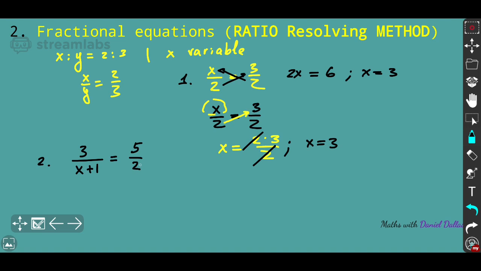How to resolve that? Again, you need to define where your variable is, and your variable is within the expression x plus 1. So that's your target expression that you first want to express. So what do you need to do? You just need to put this x plus 1 to the top, so you swap with 5, okay? 5 goes down.